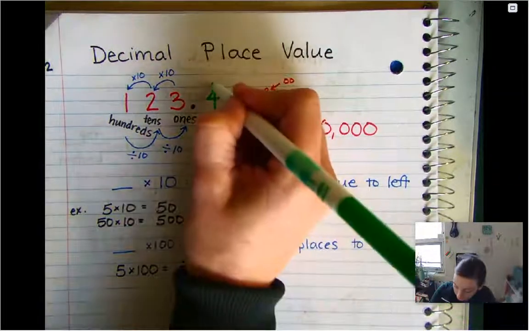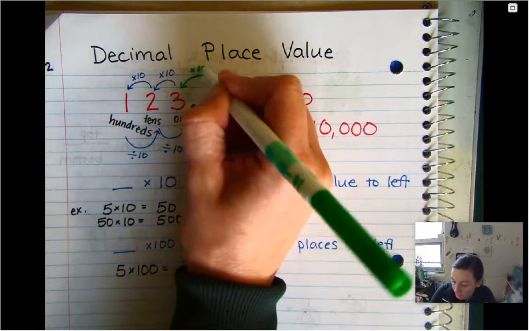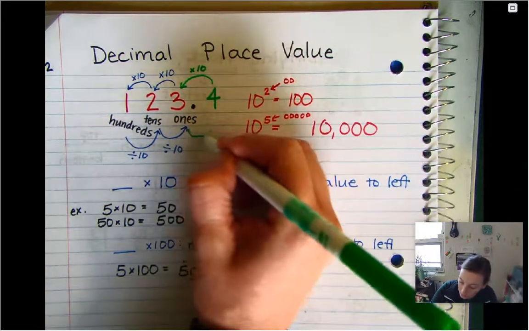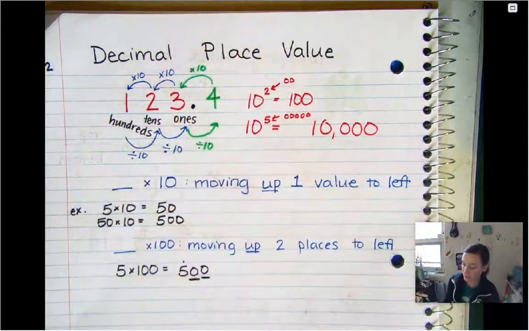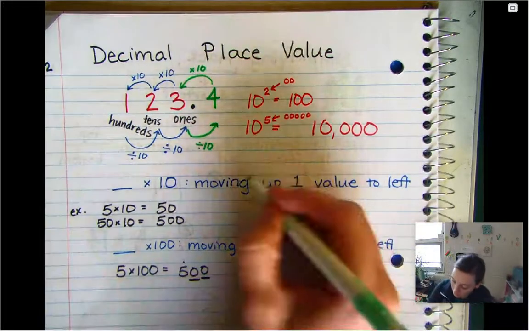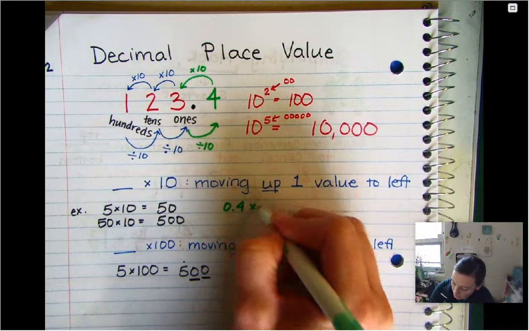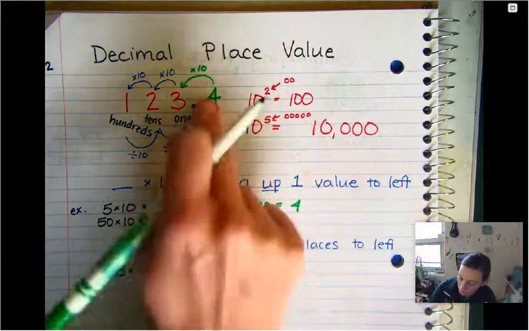So let's say that I have a 4 right here. If I take my tenths and multiply by 10, I get my ones place. If I take the ones place and divide it by 10, I get the tenths place. If I have 0.4 and I multiply it by 10, it moves up one place value to 4.